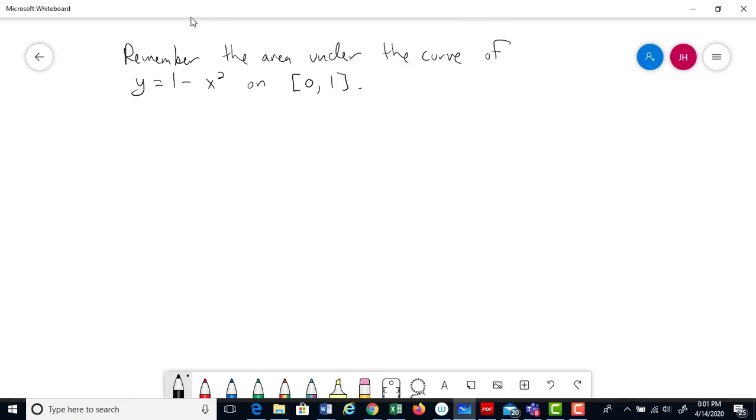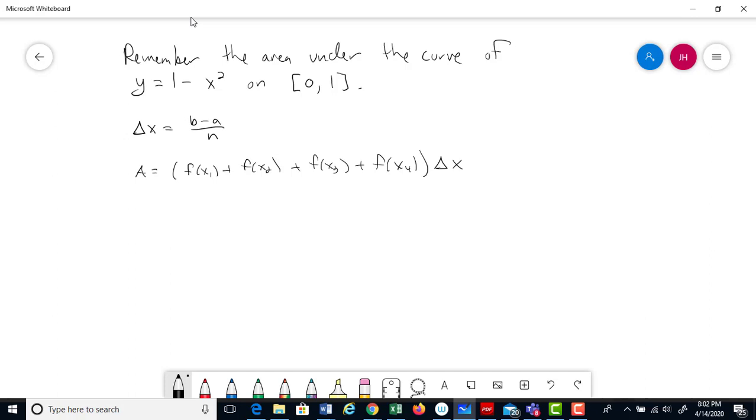So when we were setting up areas, we knew that for n rectangles, your change in x is equal to b minus a all over n, where n is the number of rectangles. And we also know that our area ended up being f of x1 plus f of x2 plus f of x3 plus f of x4, just for 4 rectangles, multiplied by your change in x.